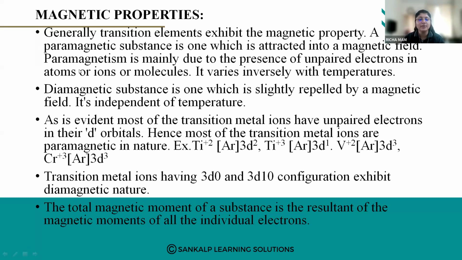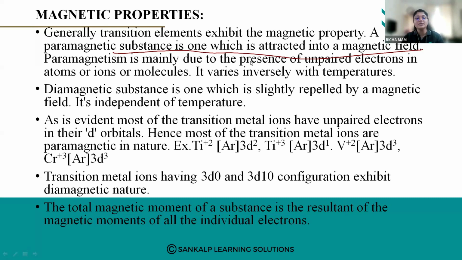What is paramagnetic behavior? Paramagnetic behavior is shown due to the presence of unpaired electrons, and hence these are attracted by the external magnetic field.